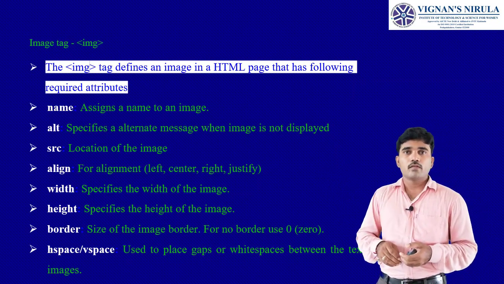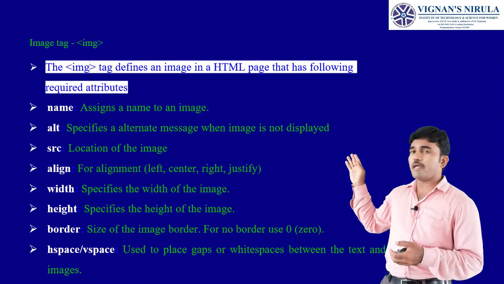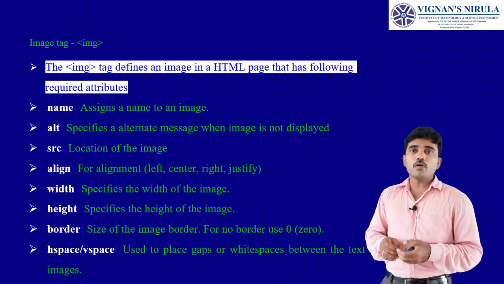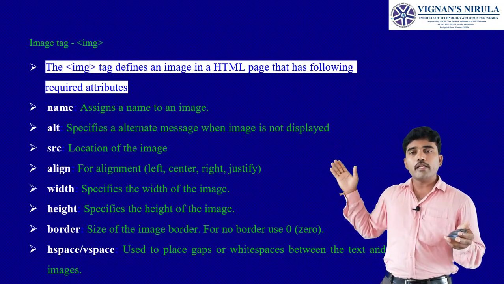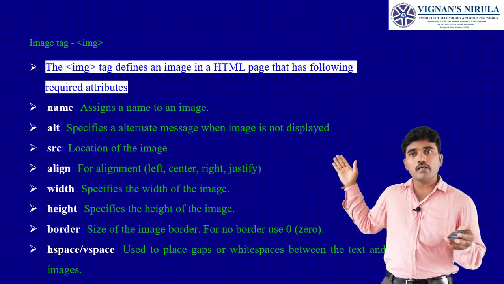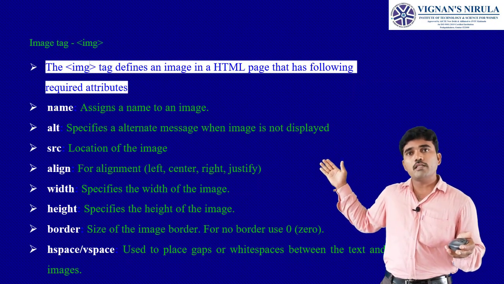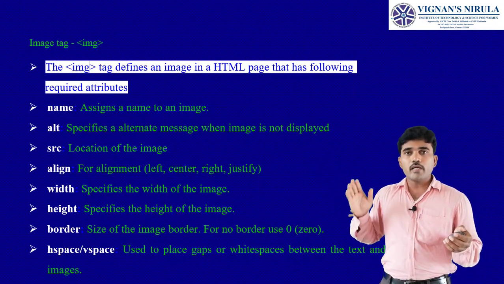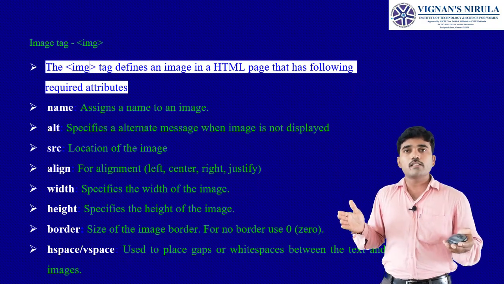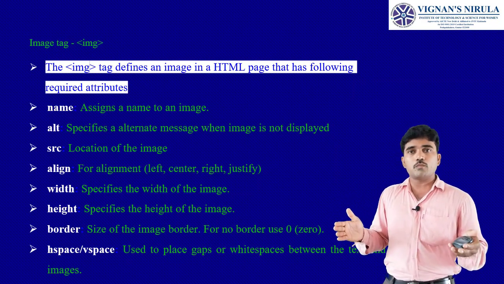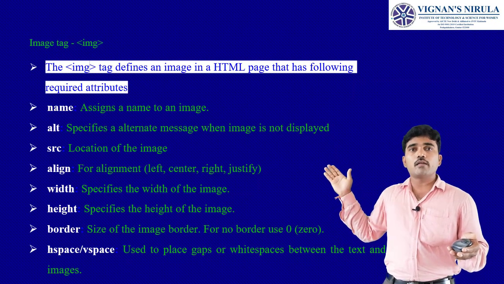And see, the second attribute is ALT. Suppose the image is not there in your specified location. ALT specifies an alternate message to display when the image is not displayed. If the image is not available, you display an alternate message, and that is done using the ALT attribute.